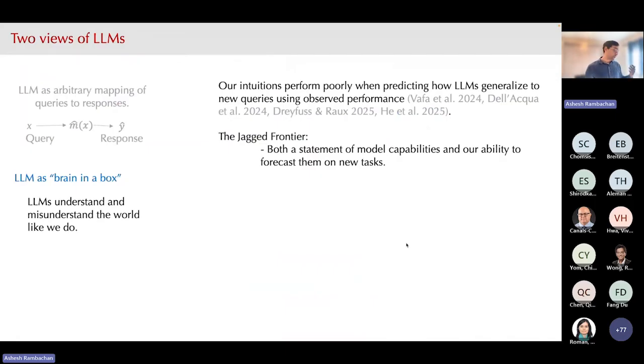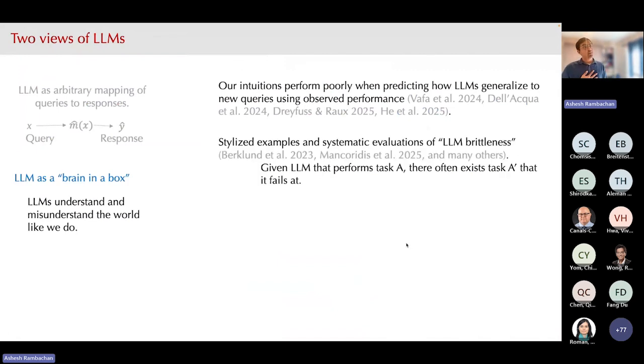What this line of work now interprets the jagged frontier to be is both a statement about frontier model capabilities and our inability to forecast performance on new tasks. In other words, it's very difficult to go from benchmark evaluations to statements about performance on novel tasks.